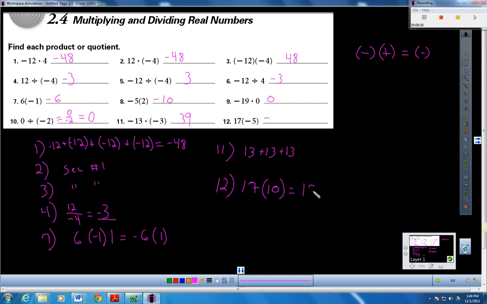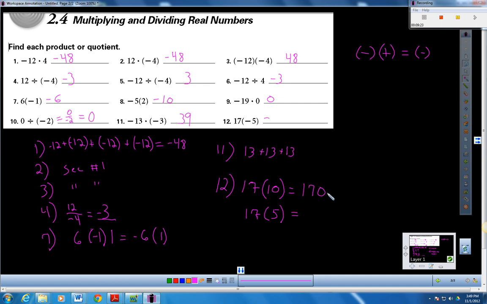That's 170. Anytime I multiply by 5, I can just take half of this value. Half of 170 is all I'm looking for there. That's going to be the product of 17 times 5. Well, I know that half of 100 is 50.